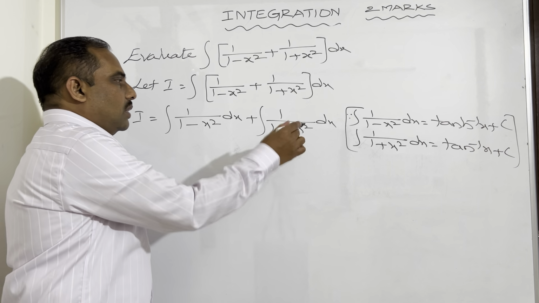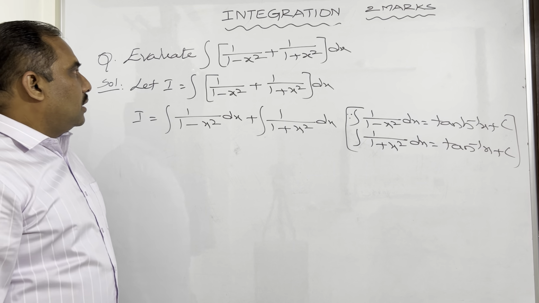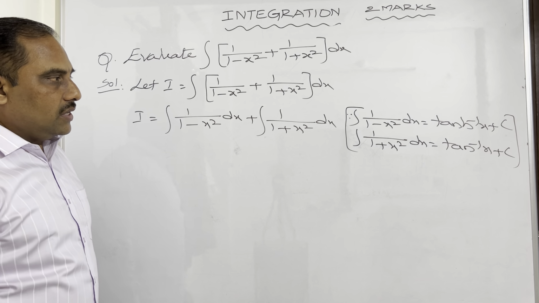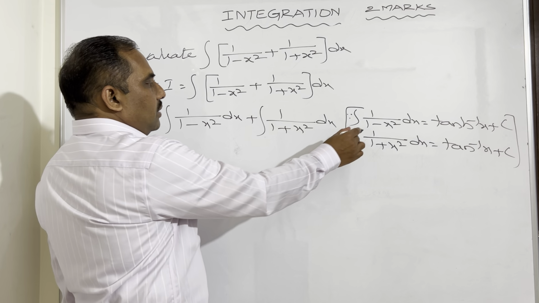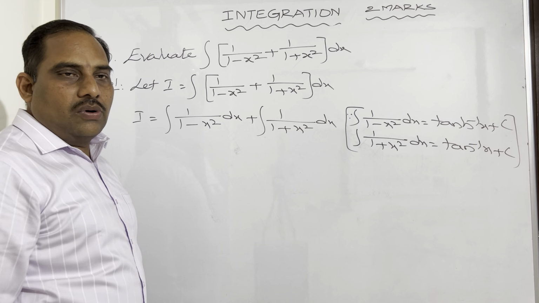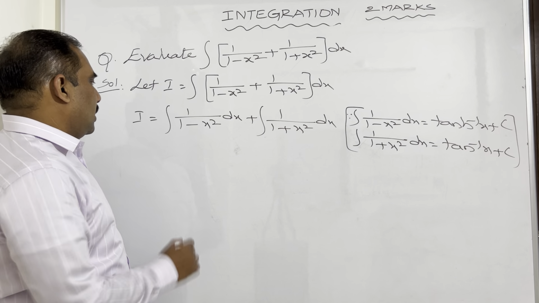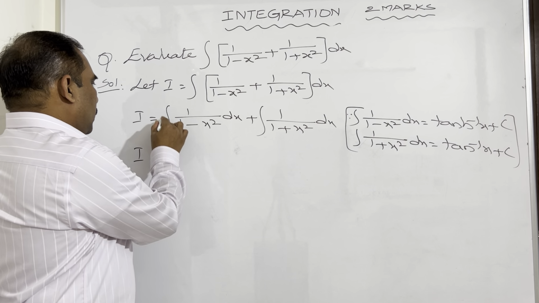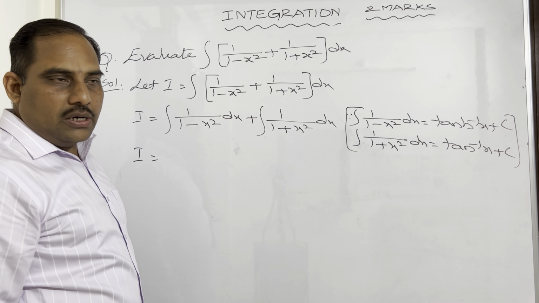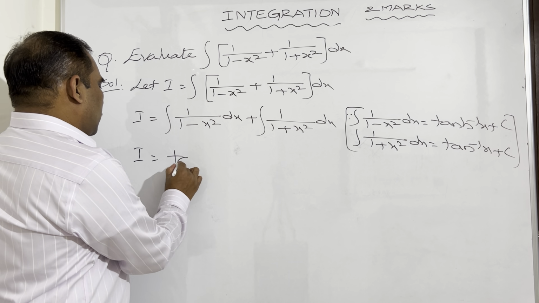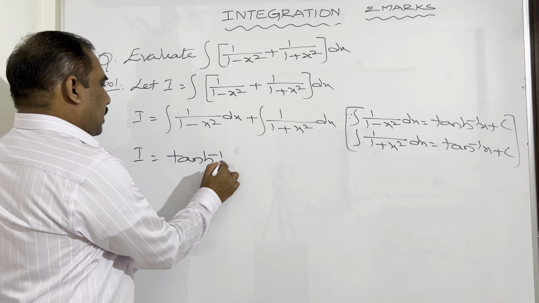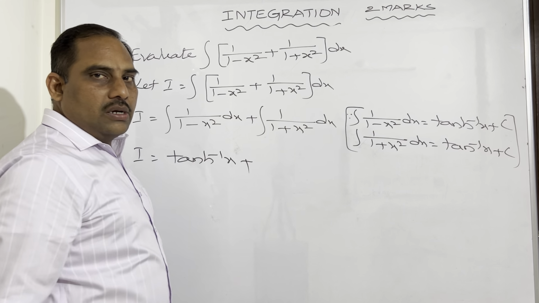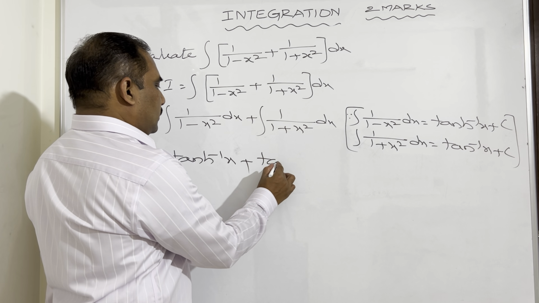So if you remember the formulas, integral of 1/(1 - x^2) dx is tanh inverse x + c, and integral of 1/(1 + x^2) dx is tan inverse x + c. Now you can apply those formulas here. Integral of 1/(1 - x^2) dx can be replaced by tanh inverse x, plus integral of 1/(1 + x^2) dx, which is tan inverse x.